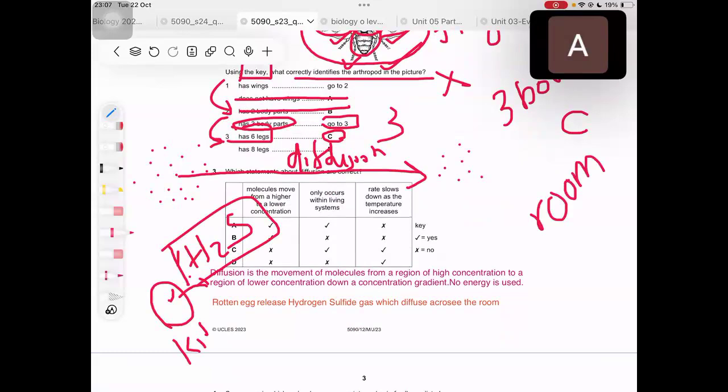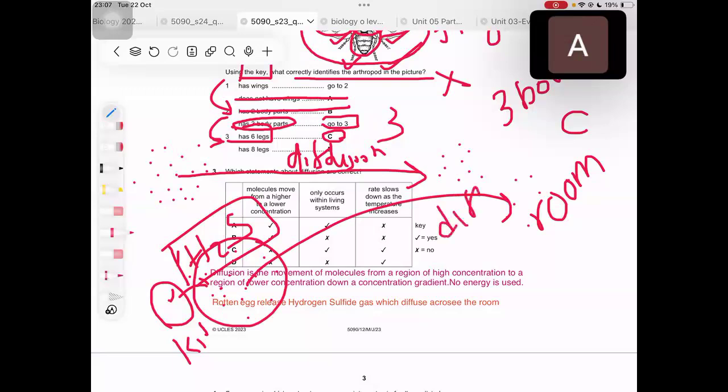Why? Because the hydrogen sulfide gas particles have moved from a region of high concentration to a region of low concentration. By diffusion, the gas particles have moved to your room.